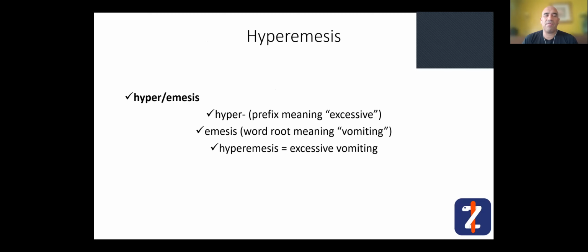All right. Hyper, excessive. We have emesis, which is vomiting. Hyperemesis, excessive vomiting. So basically, instead of saying excessive vomiting, you just say the medical terminology we just learned. So these are just some breakdowns. When you look at these medical terminologies, you say, oh, that makes a lot more sense, because we're just breaking it down and trying to put the pieces together to make sense to us.